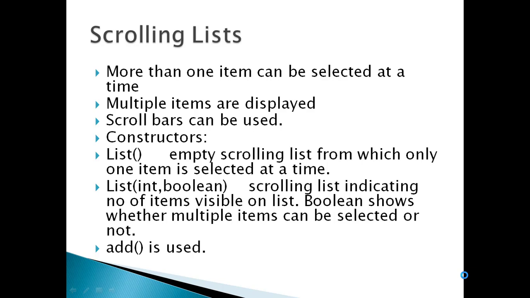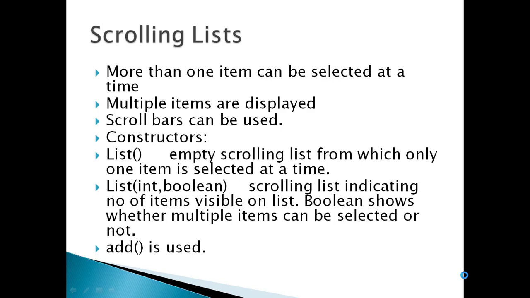Second constructor, List(int, boolean). It creates a scrolling list indicating the number of atoms visible on the list. The integer value provides the number of atoms visible on the list initially. The boolean shows whether multiple atoms can be selected or not.